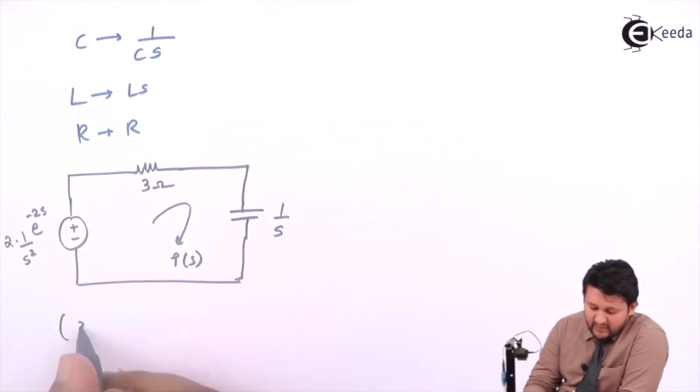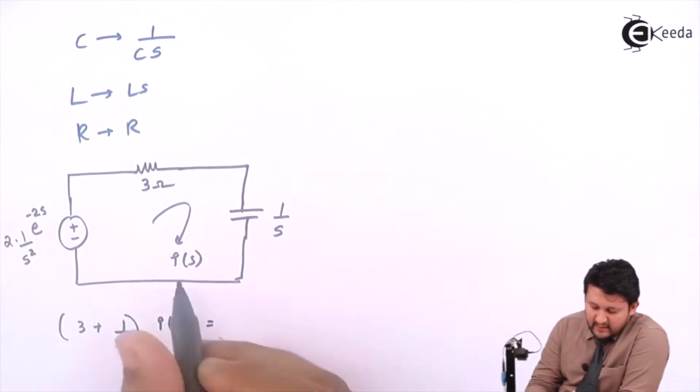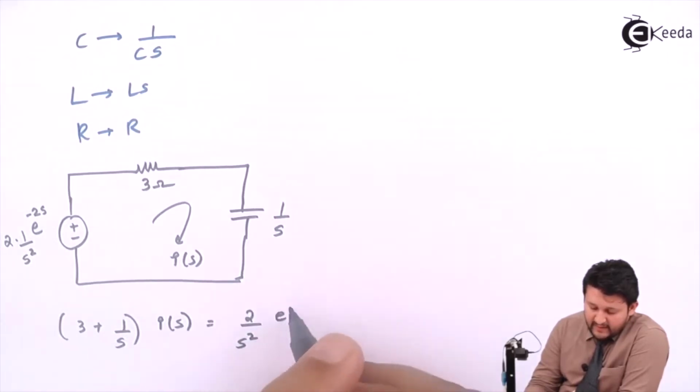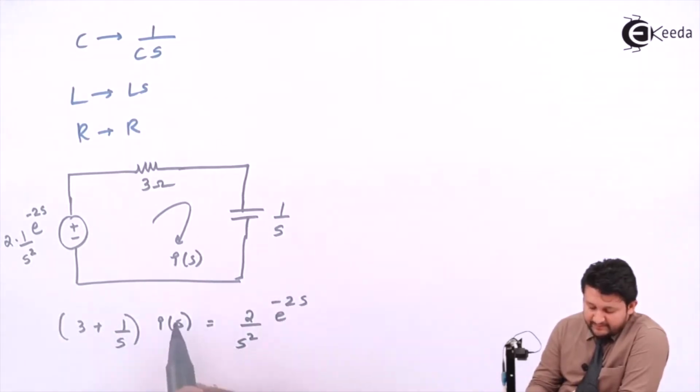Add both of them, so you get (3 plus 1 upon s) into I(s) equal to, the current enters in negative, so it will be 2 upon s square e raised to minus 2s.